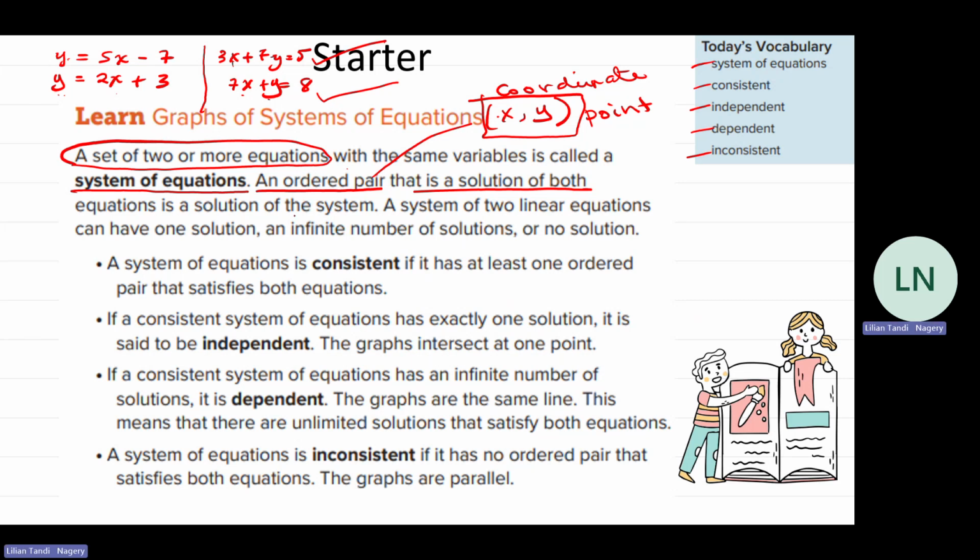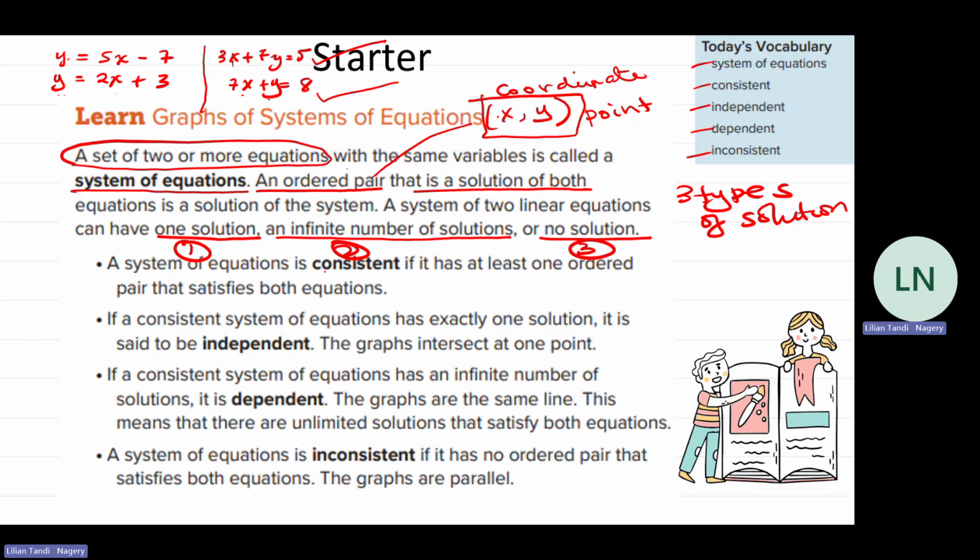A system of two linear equations can have one solution, or it can have an infinite number of solutions, or it can have no solutions. So how many types of solutions? We have three types of solutions: one solution, infinite number of solutions, no solution. A system of equations is consistent if it has at least one ordered pair that satisfies both equations.